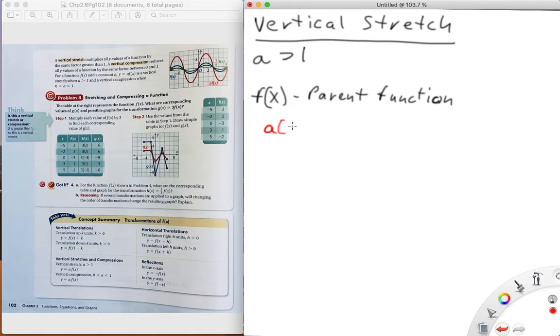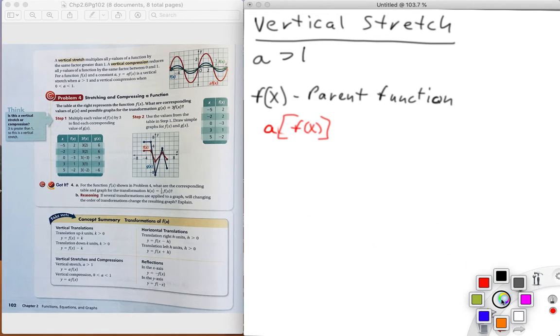I'll just put it in brackets, f of x. And that stretches it, and it increases, it gets wider.